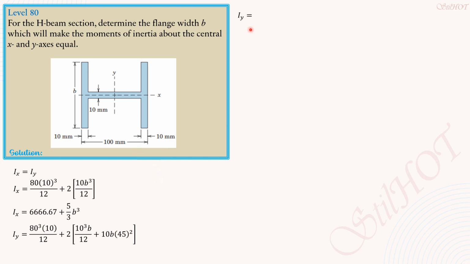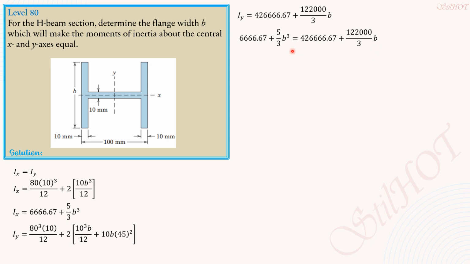Simplifying, Iy equals 426666.67 plus 122,000 over 3 times b. Then equating, 6666.67 plus 5/3 b cube equals 426,666.67 plus 122,000 over 3 b.